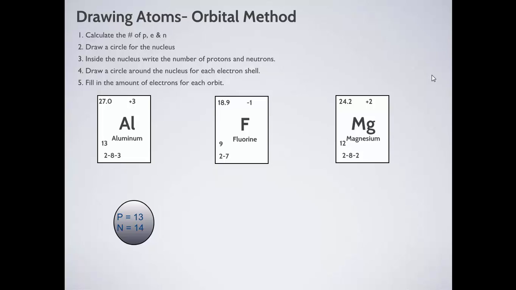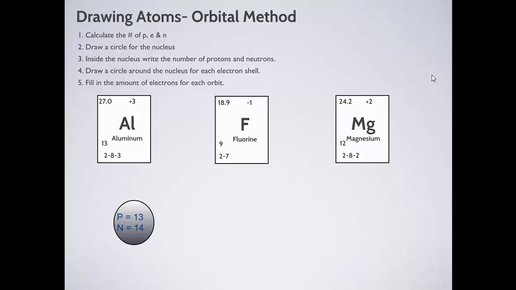How many electron orbitals are present? How many shells we might call them? Sienna? 13. Well, there's 13 electrons, but they're not all together. What tells us about where these electrons are actually located? Zainab?